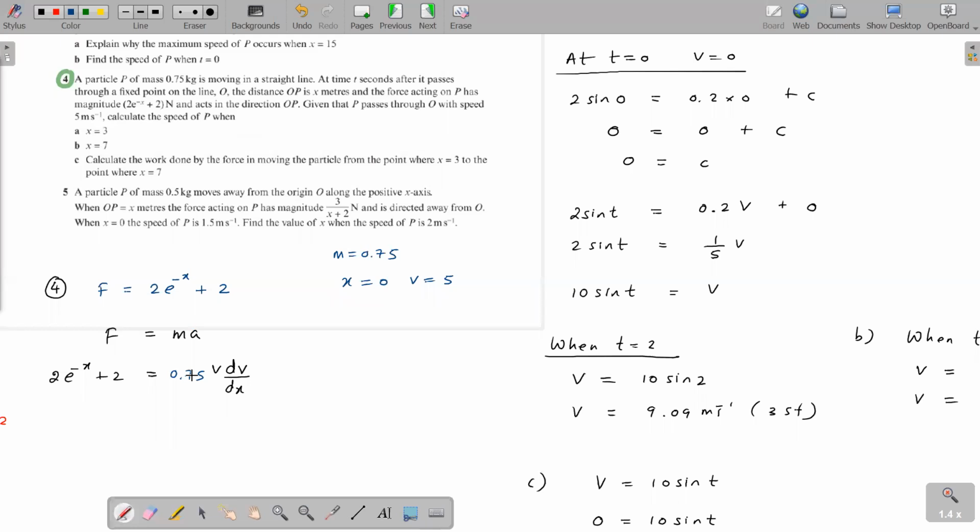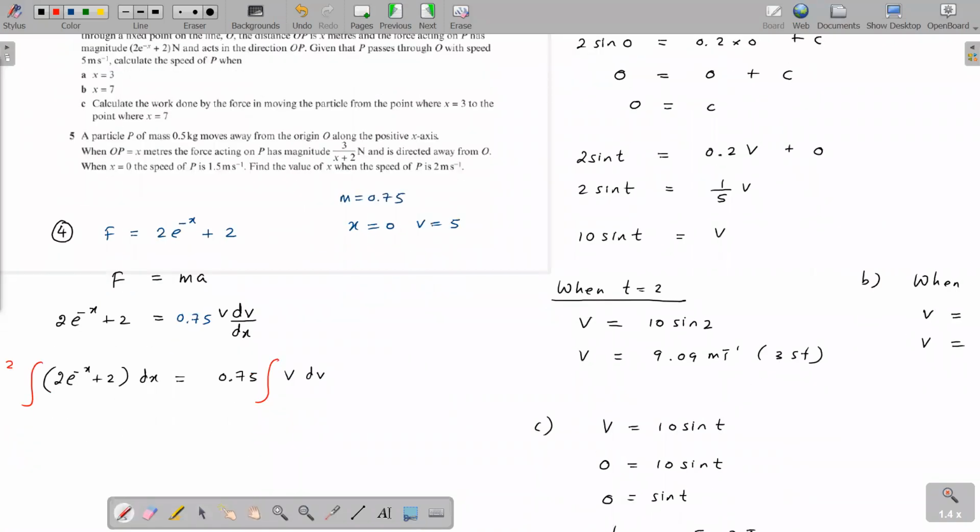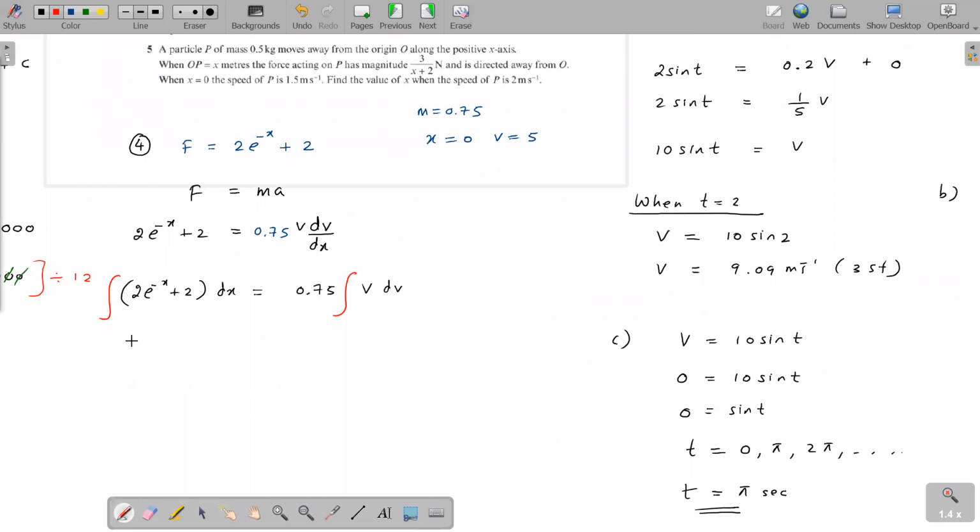Okay, so now it's time to separate variables and integrate. So 2e to the power minus x plus 2, you take dx over here. Over here, you have 0.75 into v dv. So we integrate, I kept the constant out. Let's integrate 2e to the power minus x.